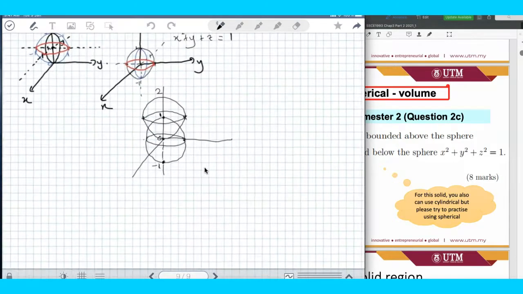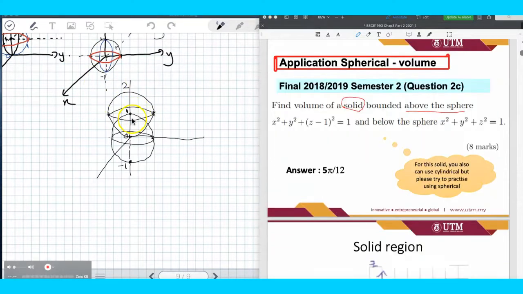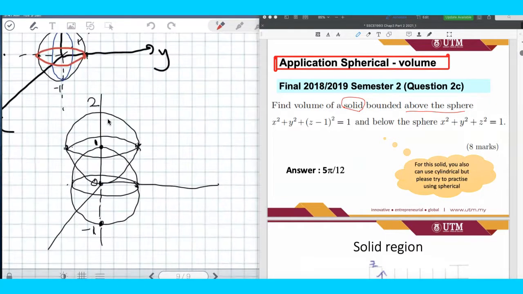Then, if you look at the instruction here, what does your solid look like? Both are actually closed surfaces, but the problem says the solid should be bounded above the shifted sphere. As you can see there, where is the sphere shifted 1 unit above?